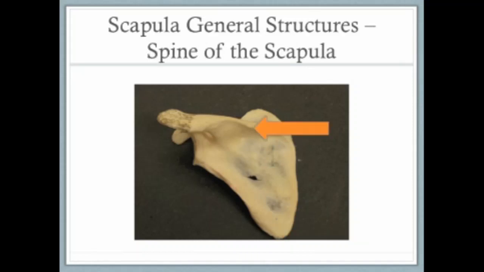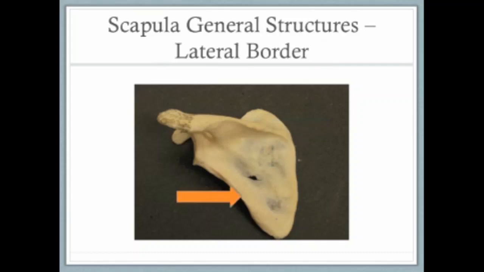Attached to the acromion process, we find the spine of the scapula, which is also a large muscle attachment. On the lateral portion of the scapula, we find the lateral border. And on the medial portion, the medial border, where the rhomboid muscles insert.